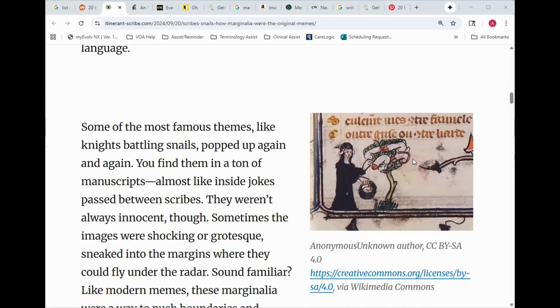We've got this kind of classic one, a nun who is picking penises off of a tree. So when you talk about the naughty marginalia, of all of them that I'm aware of, this one comes back again and again and again that people will comment on it. What is the reason for it?